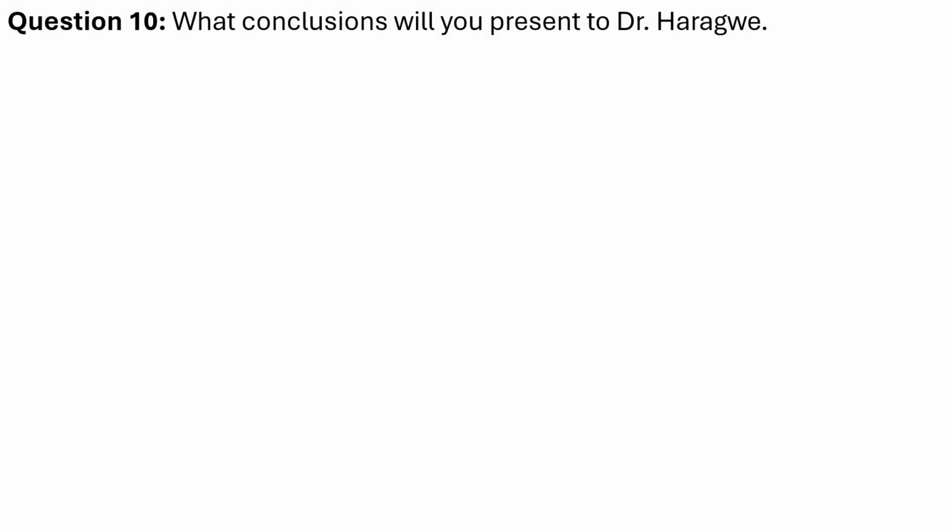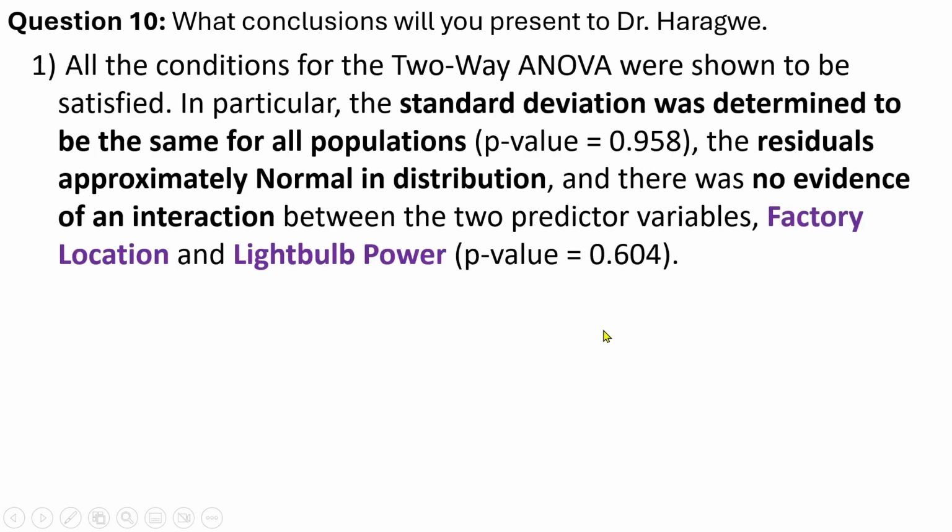And so finally, we want to make some conclusions. So first, we can say that all the conditions for the two-way ANOVA were shown to be satisfied. In particular, the standard deviation was determined to be the same for all populations, the residuals approximately normal in distribution, and there was no evidence of an interaction between the two predictor variables, factory location and light bulb power.